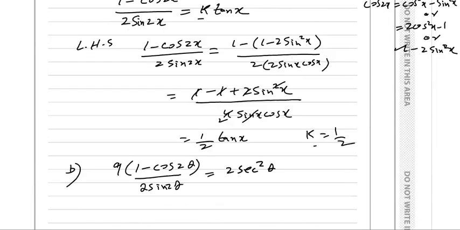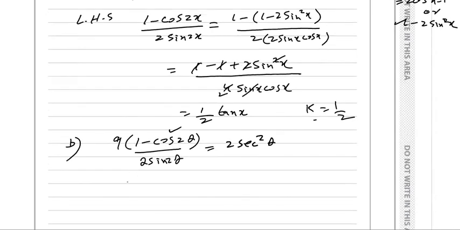The result that we just proved, we know this factor is equal to 1 over 2 tangent theta. So in its place write that one, in terms of theta, that was in x. So it will be 9 into 1 over 2 tangent of theta equal to 2 secant square theta.